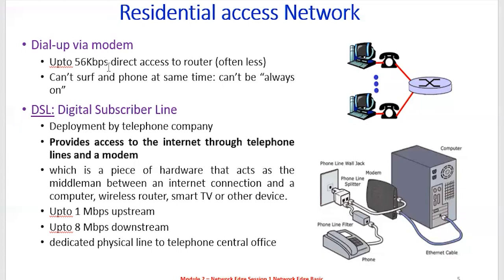But in real-time deployment you won't realize the full 56; it will definitely be lower because of various installation problems or deterioration in the cable. So the maximum it can offer is 56 kilobits per second, which means in 1 second, 56 kilobits of data can be transferred.